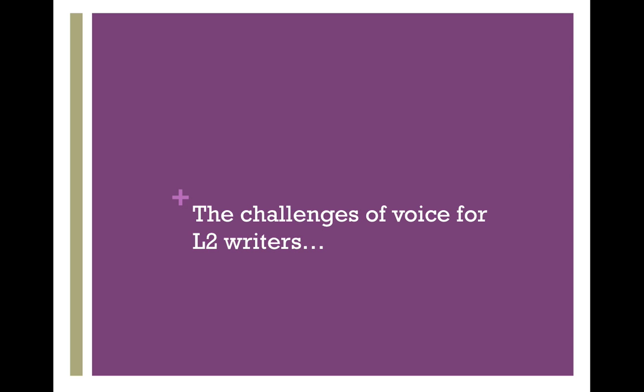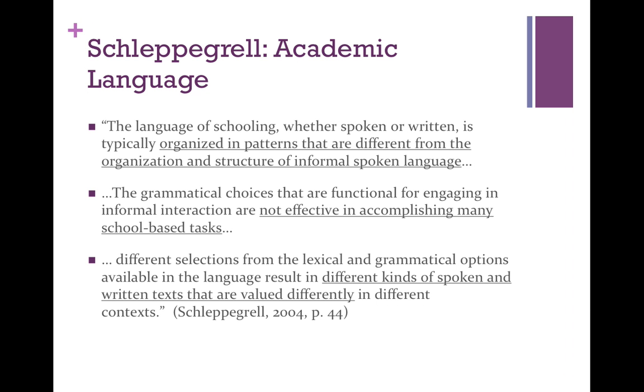So what are some of the challenges for second language writers in particular? When we think about academic language and really displaying your voice in academic language, Schleppegrell talks about how academic language is a particular type of language that is organized in patterns that are different from spoken language or informal language.